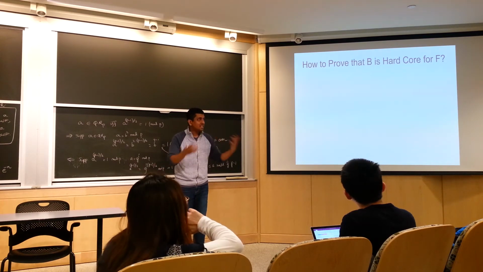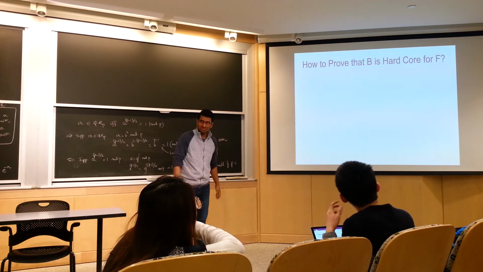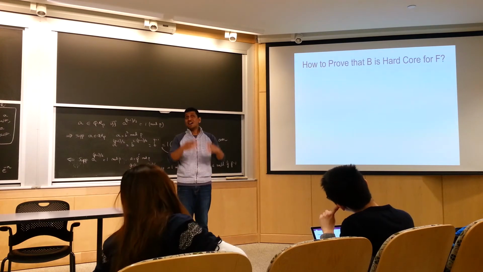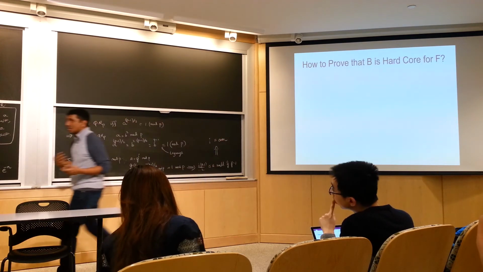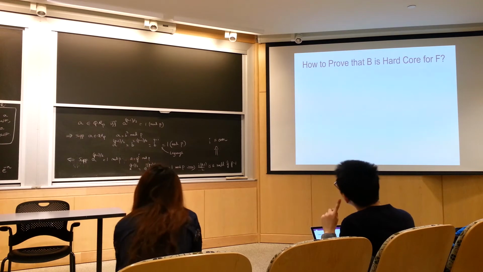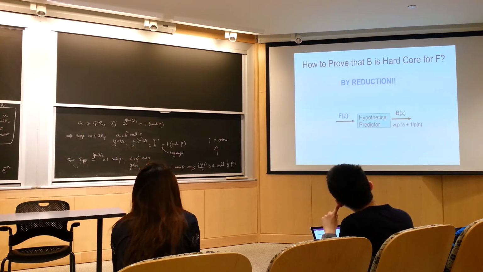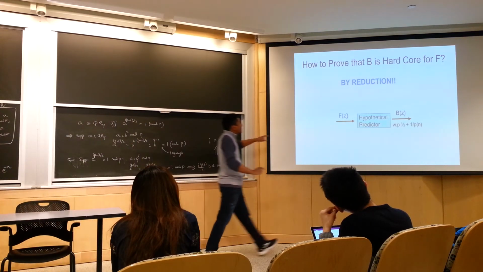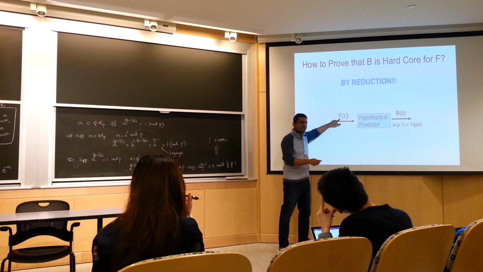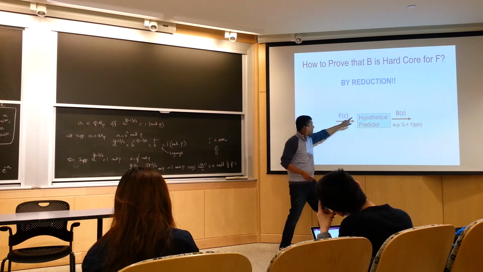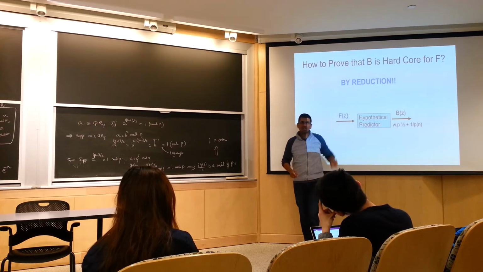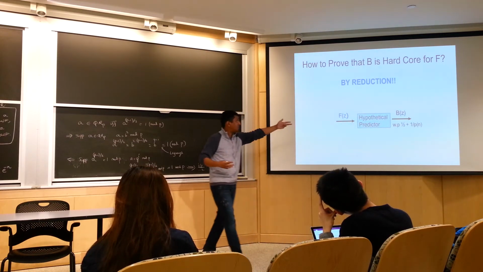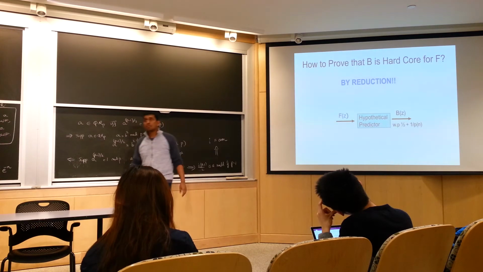The way we prove these things is by contradiction. Okay, to take the contrapositive. So assume that the most significant bit is not hardcore. In other words, suppose that there is a hypothetical predictor that, given f of z, in our case g to the z, predicts b of z, in our case the most significant bit of z, with significant advantage, half plus 1 over polynomial n.